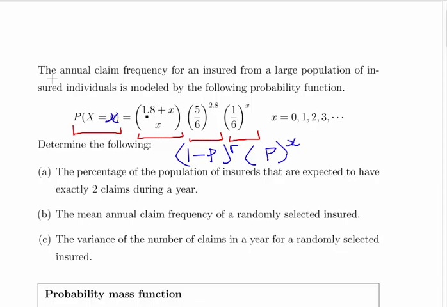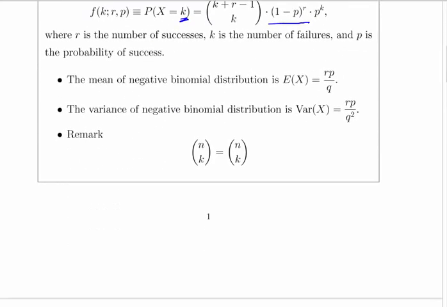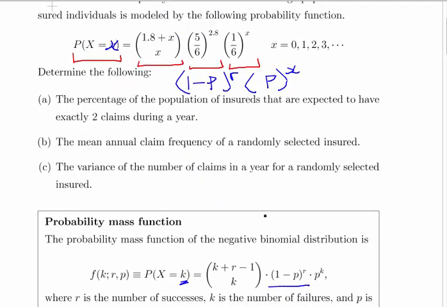The binomial coefficient, in this case as written here, is k plus r minus 1, and that would make r into 2.8, because k is the variable that we're looking for the probability of. So r is going to be 2.8, and that r minus 1 will give us 1.8.